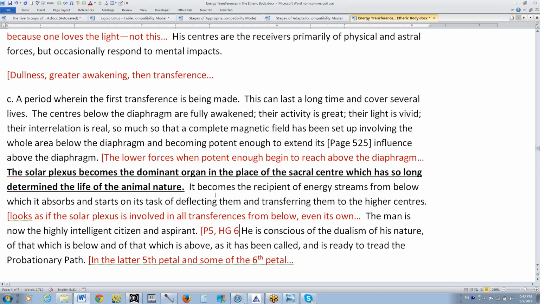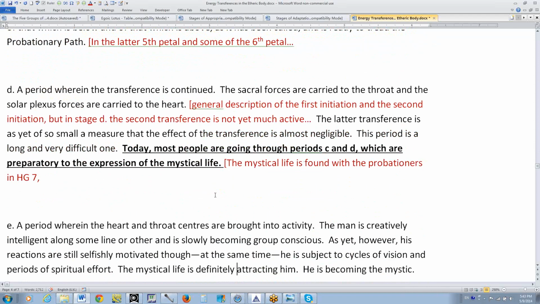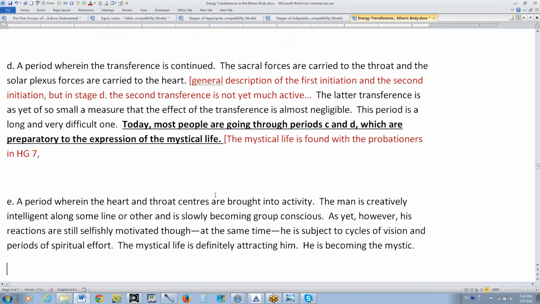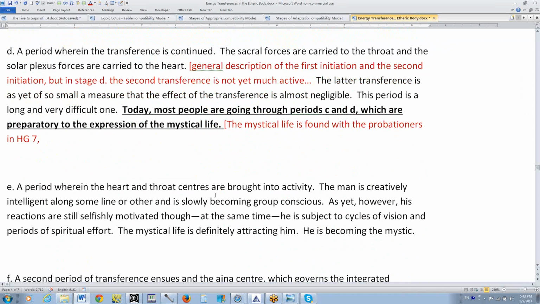Well, that begins in petal 4 and also in petal 5. And then, a period wherein the heart and throat centers are brought into activity. Both of them together.